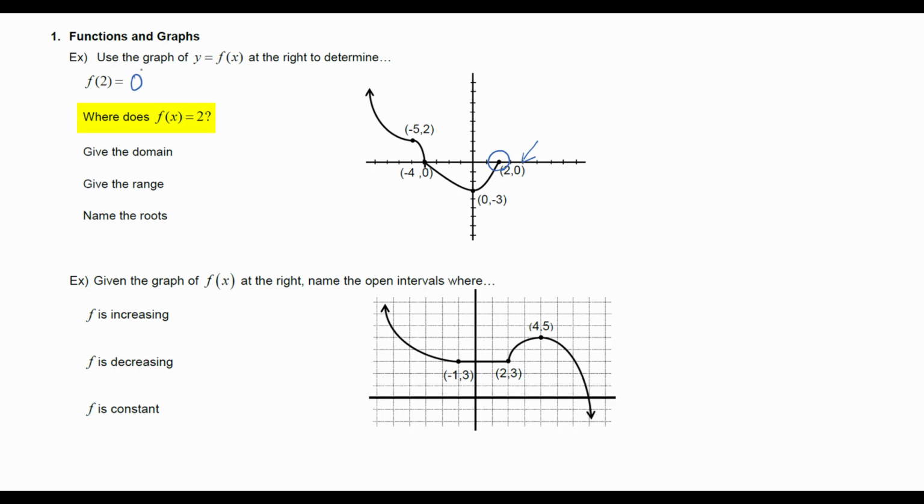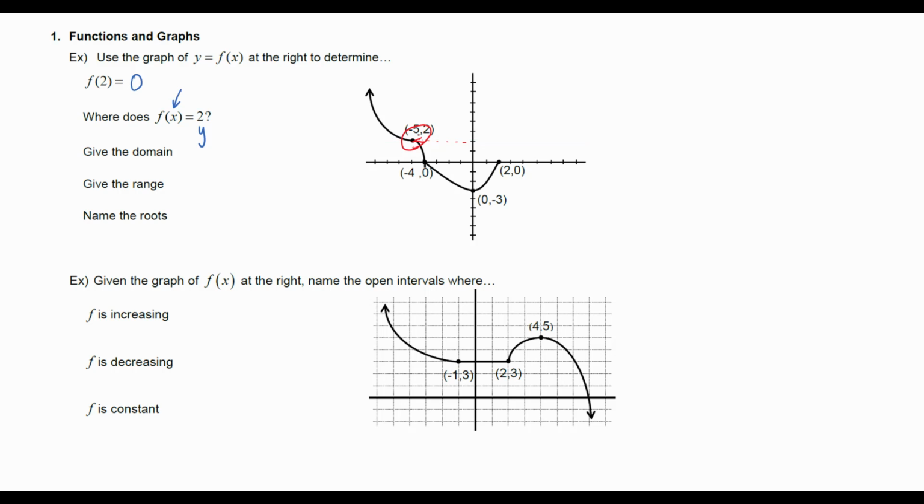Where does f of x equal 2? So this time, they gave you the y coordinate and are asking for x such that the y value is equal to 2. So this time, you needed to go to y value 2, and you can see when y is equal to 2, your x value is negative 5.